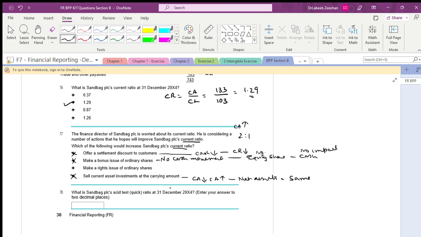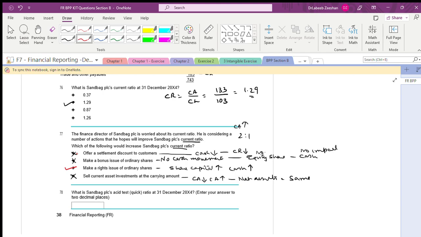Whereas in a rights issue, share capital will increase and cash will also increase. I'm writing the reasons for every option.